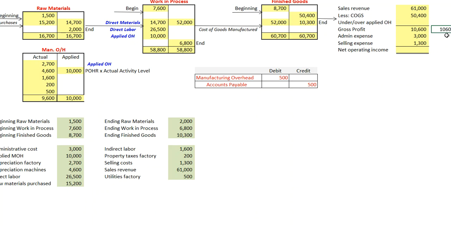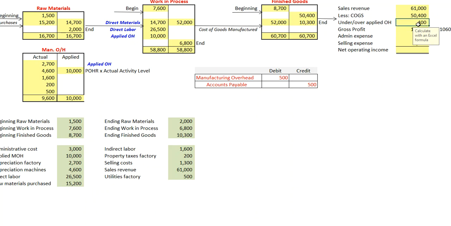So what we're really going to do is we want to reduce our cost of goods sold. So we reduce our cost of goods sold by $400. So instead of $50,400 in cost of goods sold, we really only had $50,000 in cost of goods sold, which of course makes our gross profit go up.